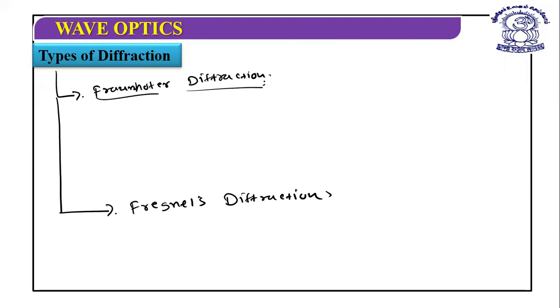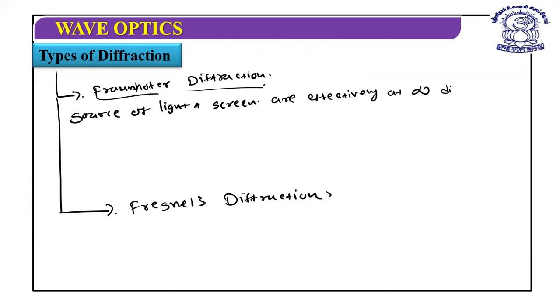In the Fraunhofer diffraction, the source of light and the screen on which the diffraction pattern is obtained are effectively at infinite distance from the diffracting system.